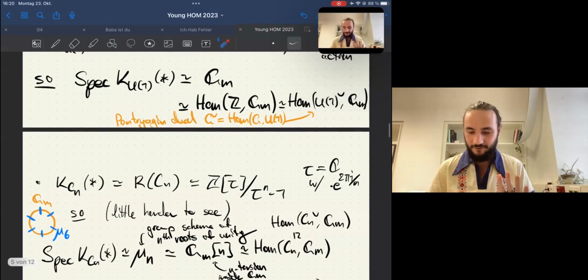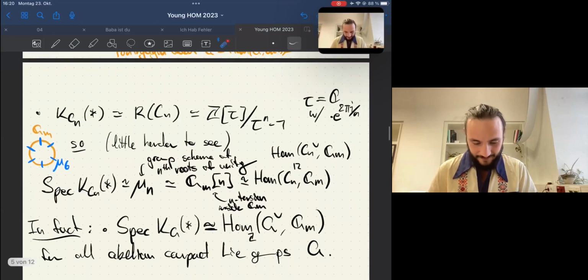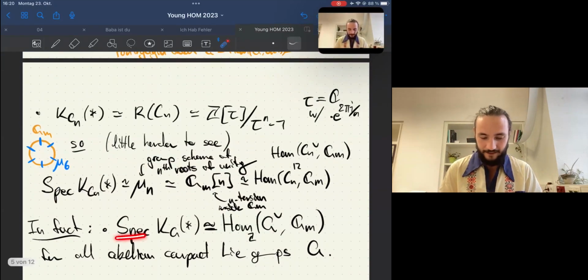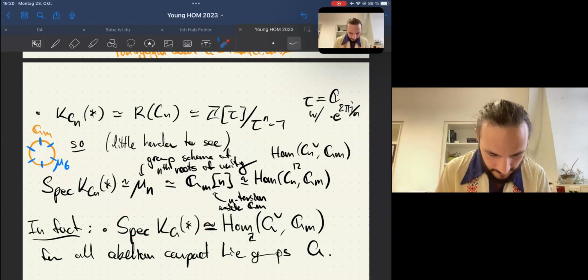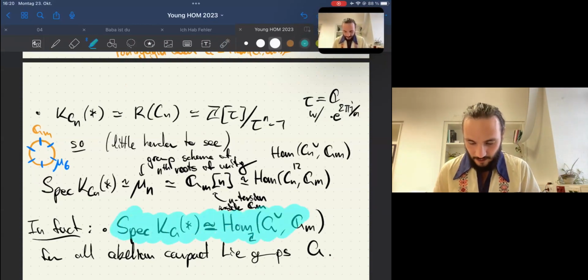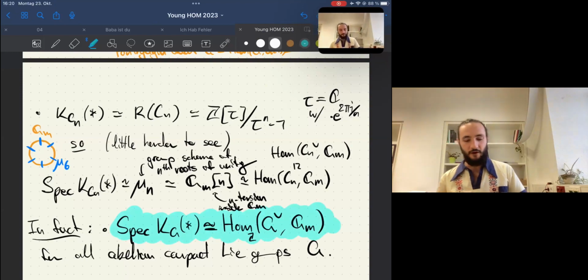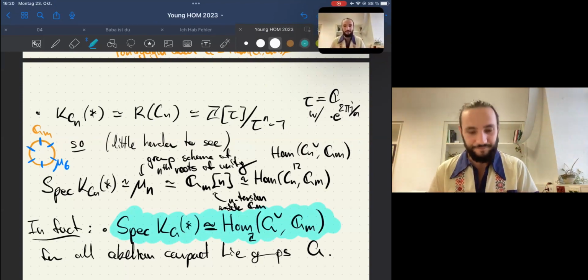Okay, so yeah, we have this uniform description for Spec of equivariant K-theory. And it turns out that this is actually true in a lot of generality. Spec of G-equivariant K-theory of a point is exactly the same as this homomorphism group scheme from the Pontryagin dual of G into Gm.